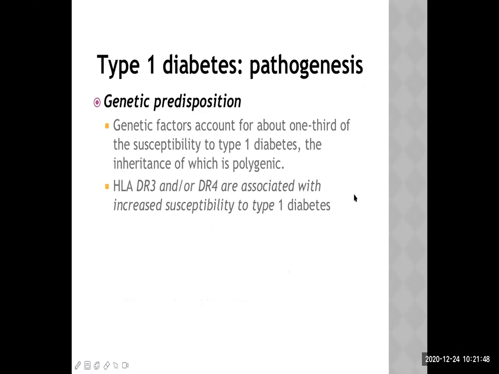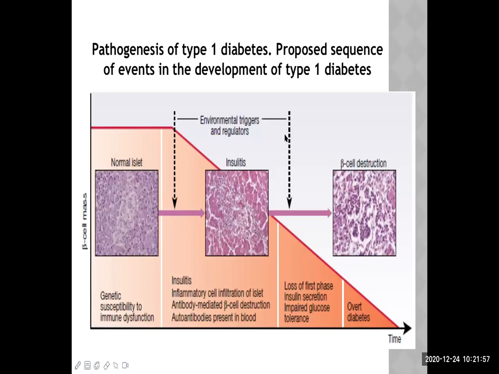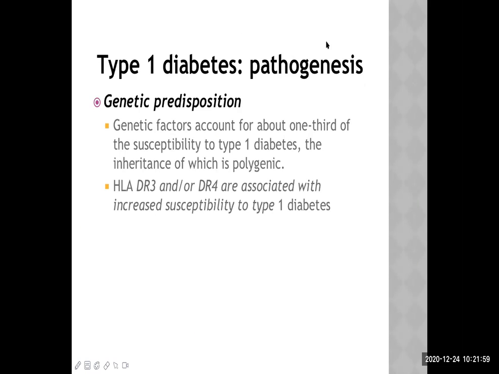Now, another important point here: there is a genetic predisposition, and that accounts for about one third of the susceptibility to type 1 diabetes. The inheritance is usually polygenic. Multiple factors are there.